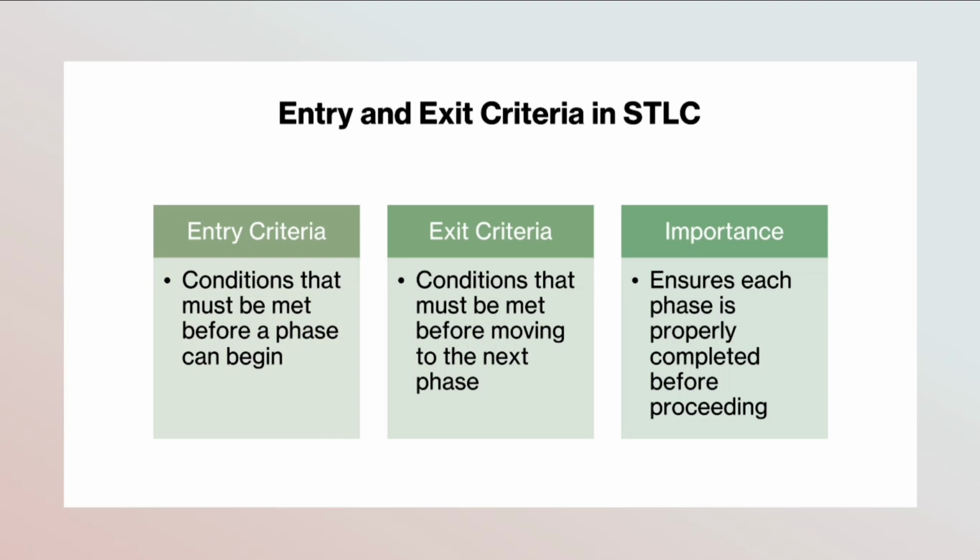Exit criteria is nothing but, once all conditions have been fulfilled, we analyze and check whether we can stop the STLC process, or our testing process, or not. So these things come under exit criteria. The main importance here is that we are checking each and every phase properly before completing the whole STLC process.